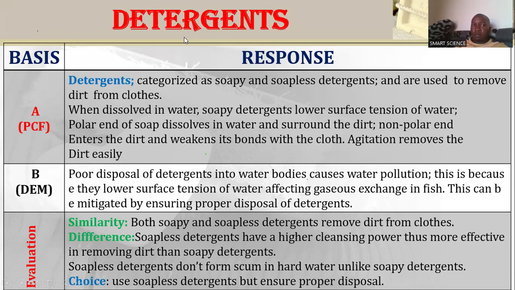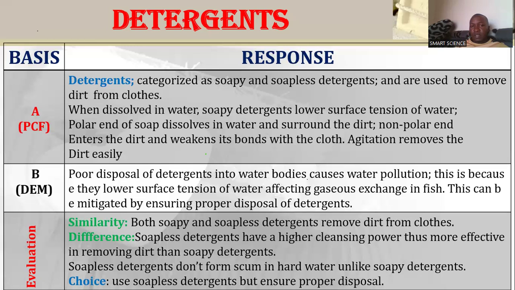How will soap clean our clothes? How will the soapless detergents do it? So we expect you to go an extra mile and describe the function. It can come as a second Roman numeral of part A because we are assessing the same basis of assessment.